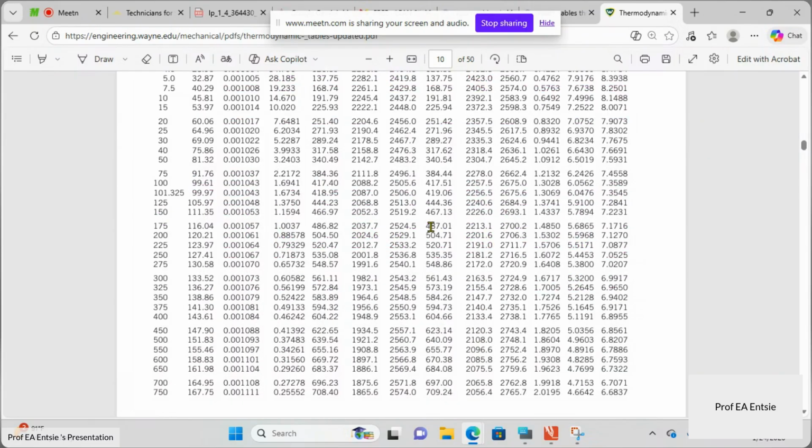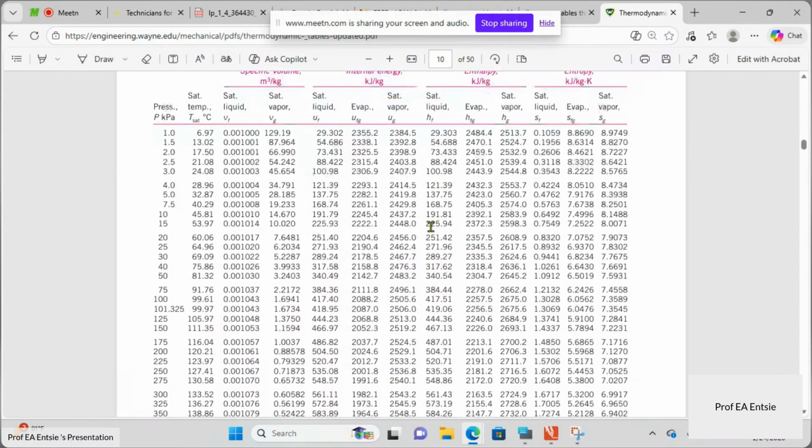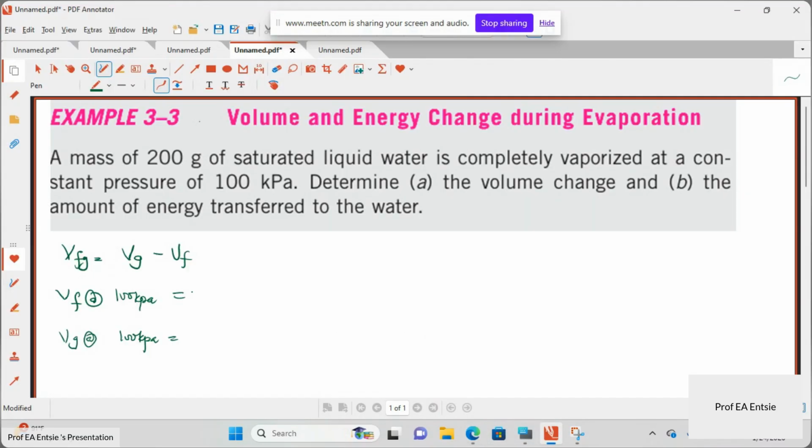100 is down here. Then I'll read. They didn't ask me for the temperature, so I'll not read temperature. That's 99.61. No, I'll read the specific volume at that pressure, 100 kilopascal, which is 0.001043 meters cube per kilogram.